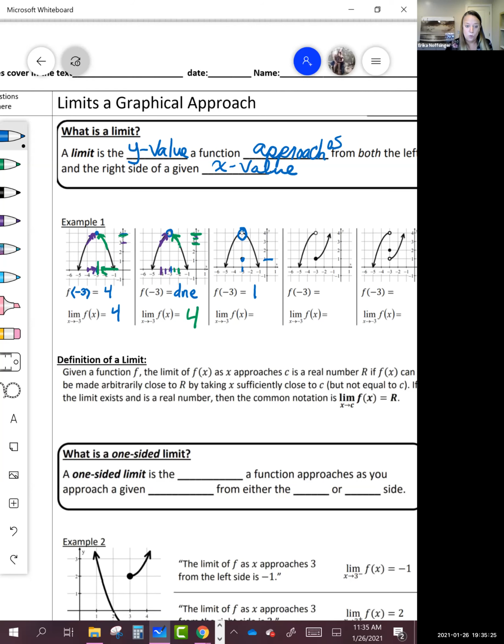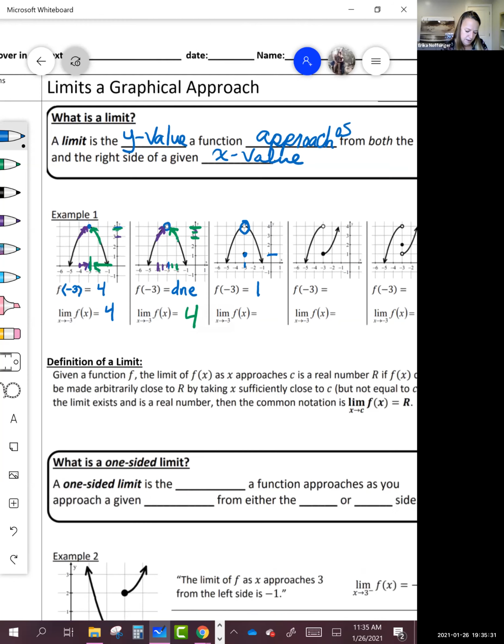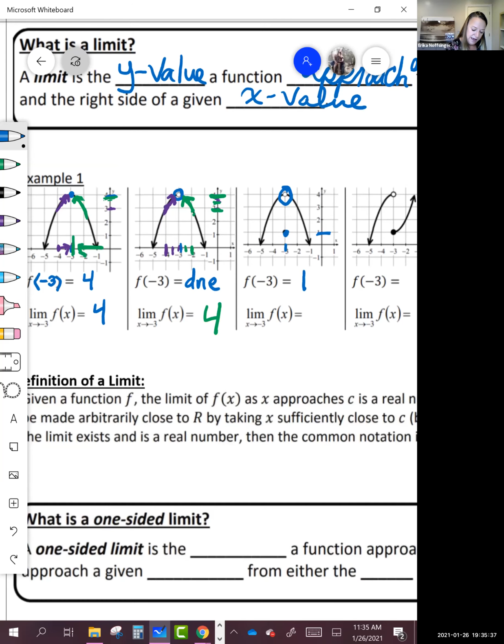So we want to know what is the limit, though, as x is approaching -3. Again, we want to look at what's happening to the graph as we are approaching that x value of -3.